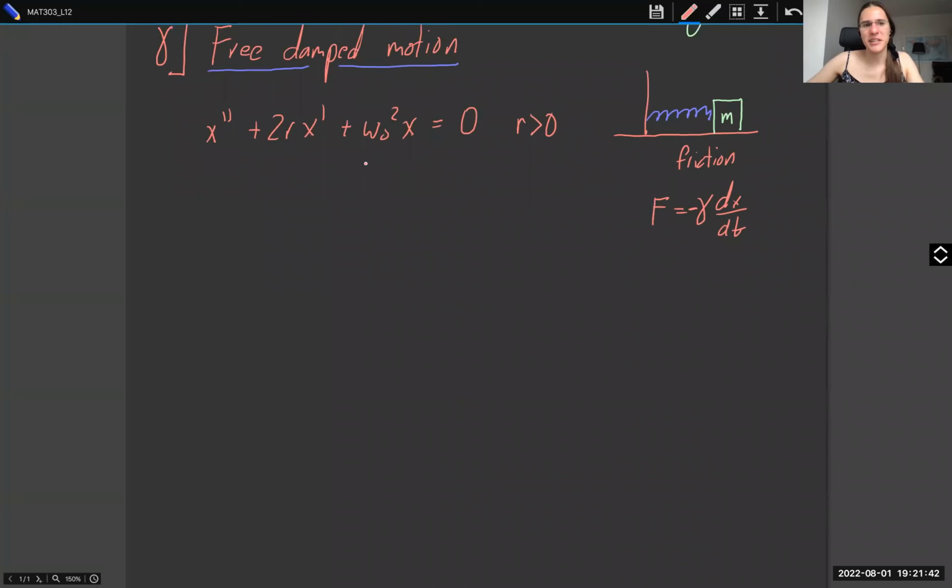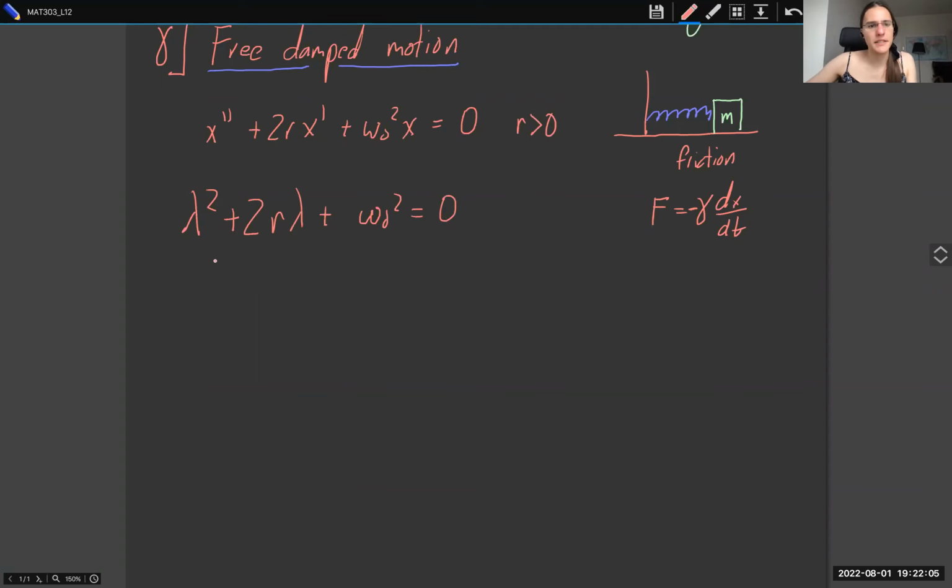So this is a homogeneous equation, and so we have the characteristic equation, which is λ² + 2rλ + ω₀² = 0.